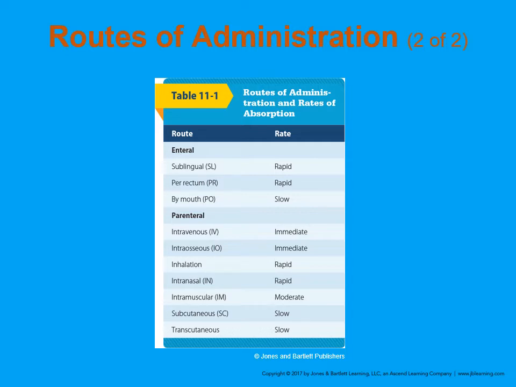Inhalation is where it's breathed into the lungs and absorbed into the bloodstream quickly. Forms include aerosols, fine powders, and sprays. Sublingual, under the tongue, enters through the oral mucosa under the tongue and is absorbed into the bloodstream within minutes. An example of that would be a nitroglycerin tablet.